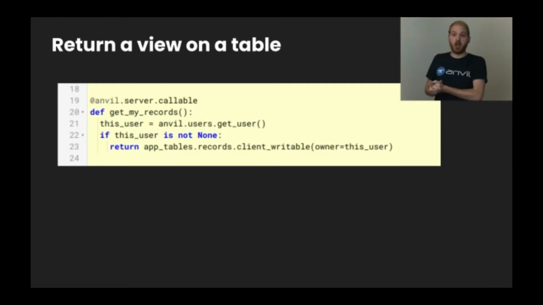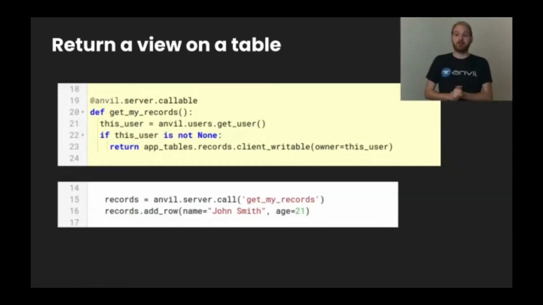So here we are getting the currently logged in user, and then we check that they're logged in. And if they're logged in, we get a client writable view of the records table, but a view of only rows where the owner column is the currently logged in user. And that is a portable class. We can send it back to the client.